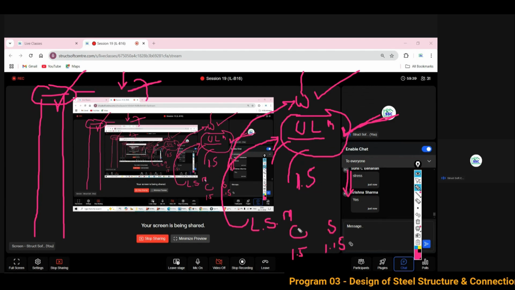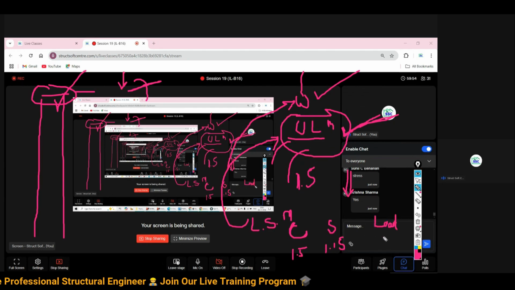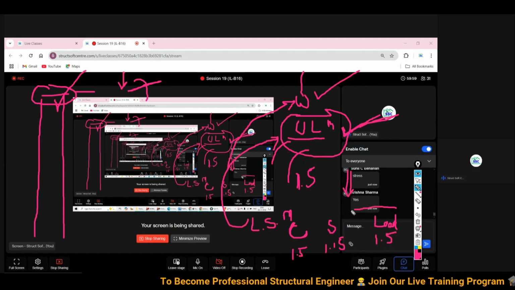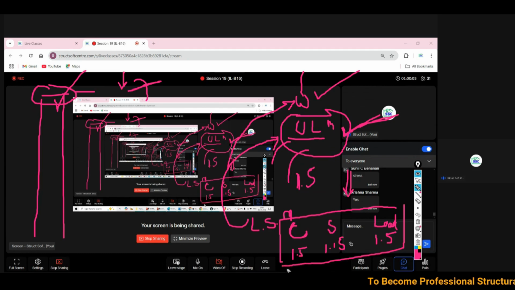So whatever the concrete capacity is, it is reduced by 50%, and here it is increased by 15% for the steel. And over the loading, it is recommended to consider the factor of safety as 1.5. So this combined approach ensures the serviceability of your structure as well as the prevention of collapse under the ultimate load condition also.